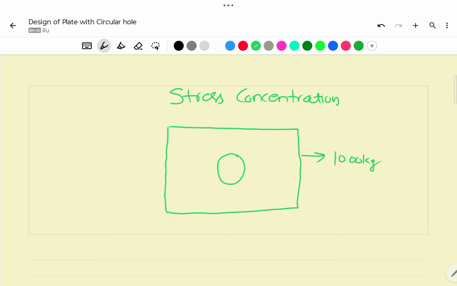If you see the stress distribution, look at the load path. From here to here it is uniform; the load path is uniform.